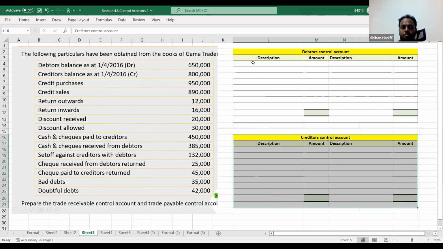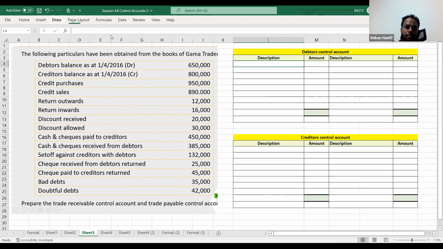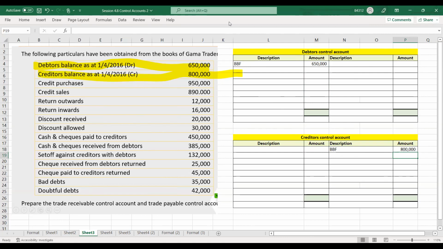I just show how to write the debtors. Opening balance, balance brought forward 650. Creditors $800,000. I'll give a few minutes. Can you complete this and find out the closing balance of debtors and creditors?